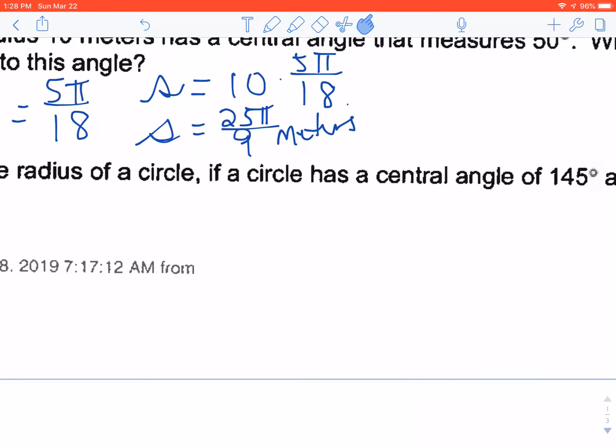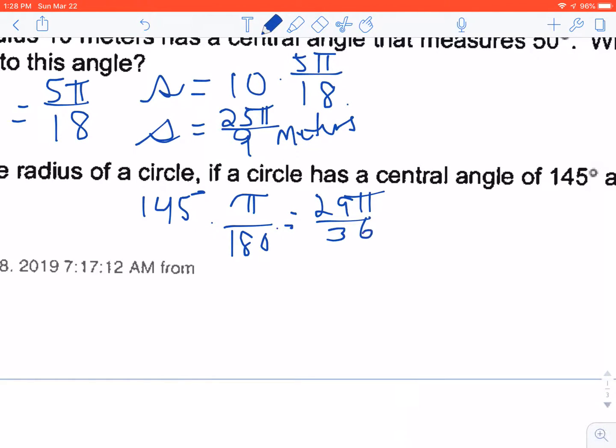Okay, number 17, we want to determine the radius of a circle if the central angle is 145 degrees and the arc length is 8 meters. The first thing I want to do is change that angle right away to radians. Once I get that angle in radians, then I can use S equals R theta. It told me the arc length is 8 meters, and I have 29 pi over 36 as my angle.